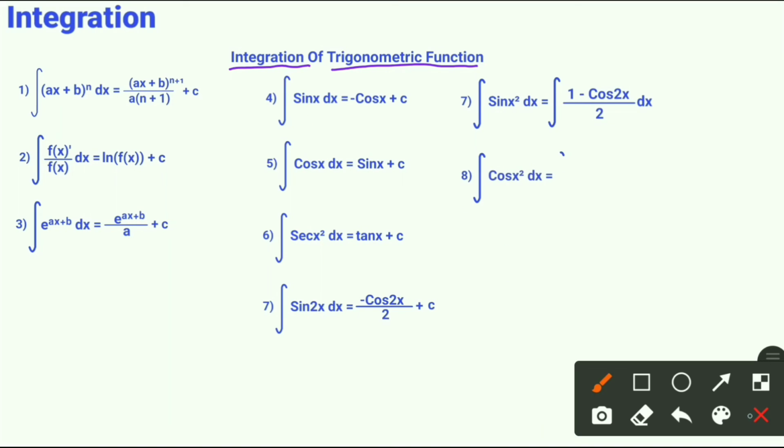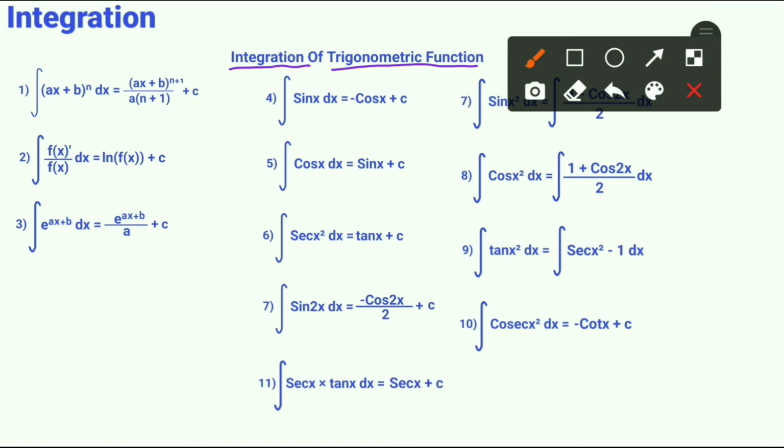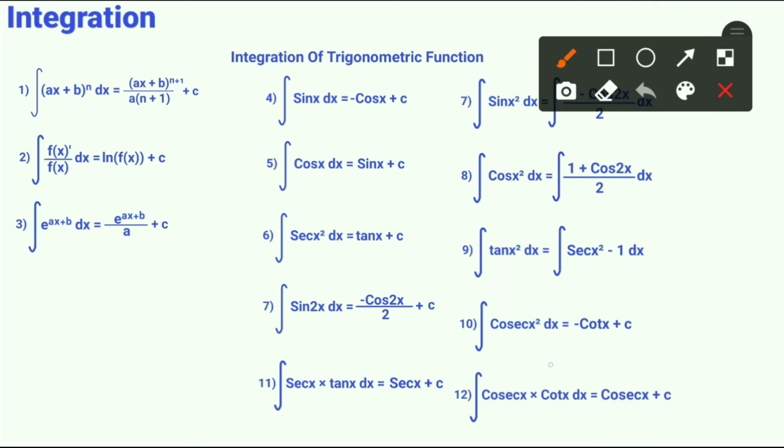Tan square x is sec square x minus 1, the integral of sin x is minus cos x, sec x multiplied by tan x equals sec x, and so on. Okay, right in front of you, you're seeing that there are at least 13, but I'm going to show you 14 and 15 as well, which is 14 would be cot x, doing the integral of cot x.